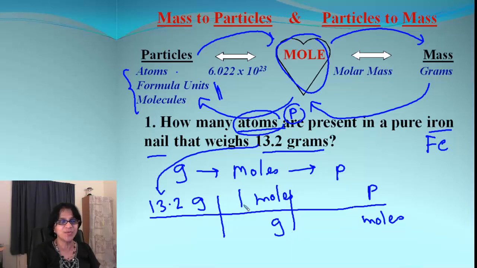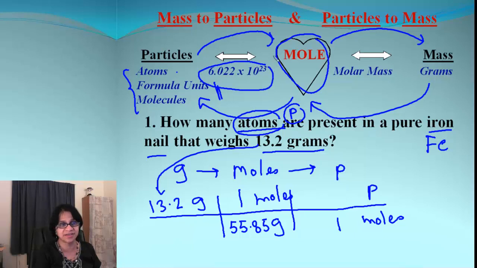So we put 1 mole over here, and in place of grams we get the molar mass, which is the atomic mass in this case for iron, because iron is an atom, it's an element. So 55.85. And when it's a ratio for particles and moles, we use 1 mole is equal to that magic number of particles, 6.022 times 10 to the 23rd.